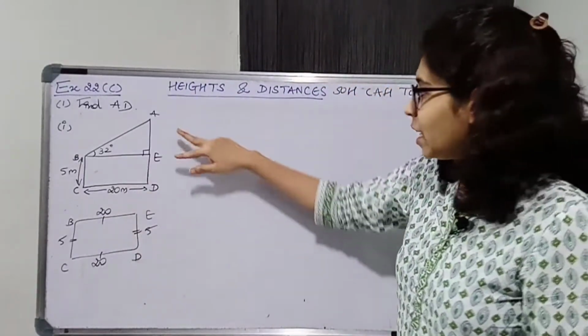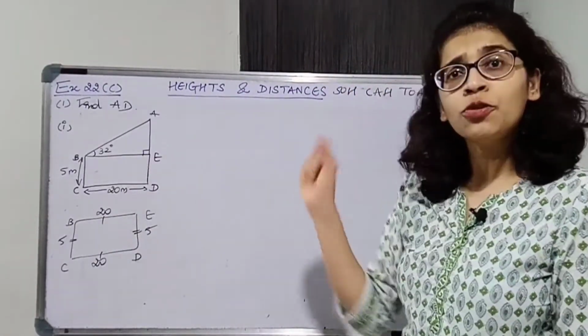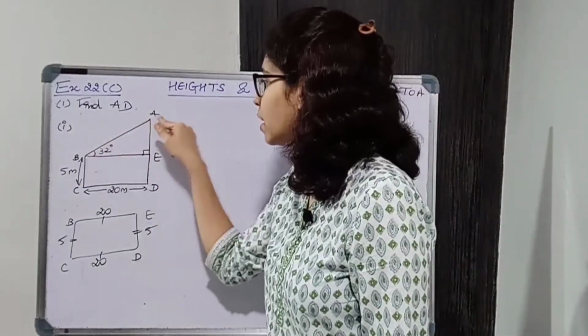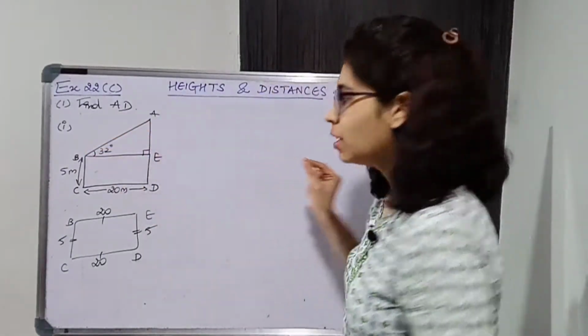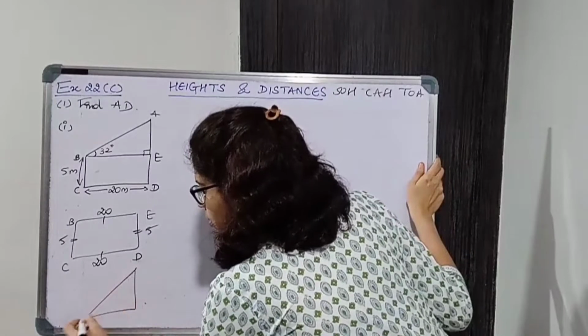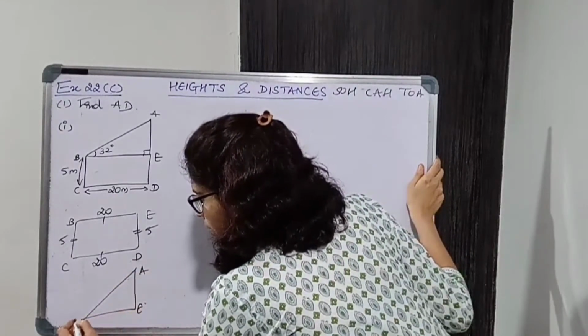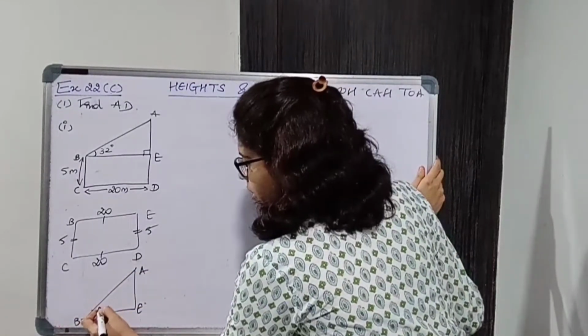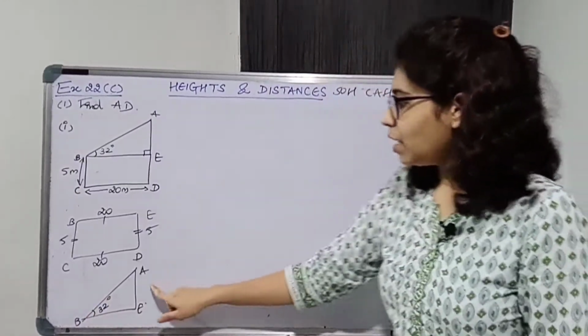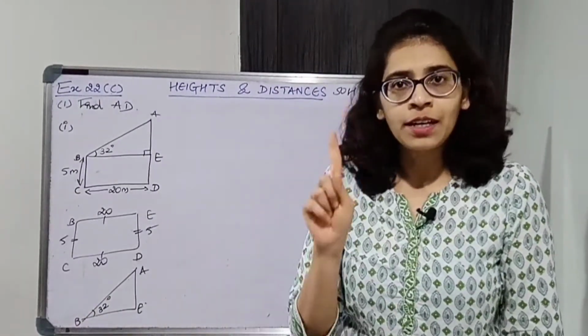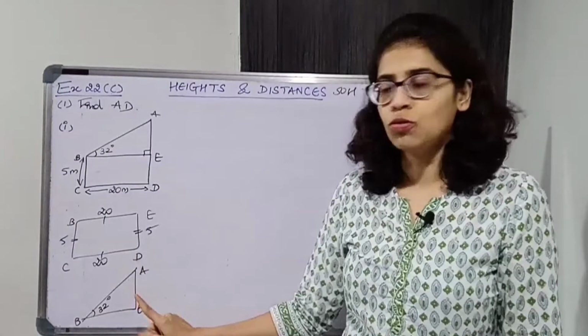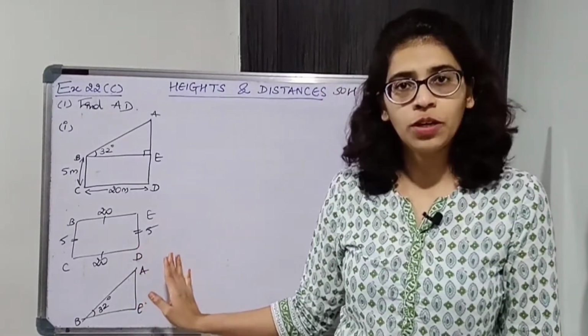Now to find AE, we'll consider this right angle triangle AEB, where this is 32 degrees. Now we have to find AE. For that we need one side. Any one side of the triangle we need to know to find one of the other sides.